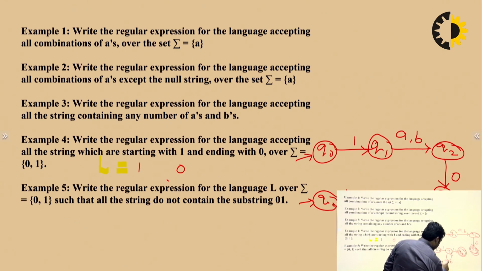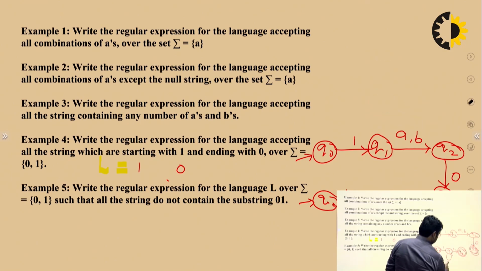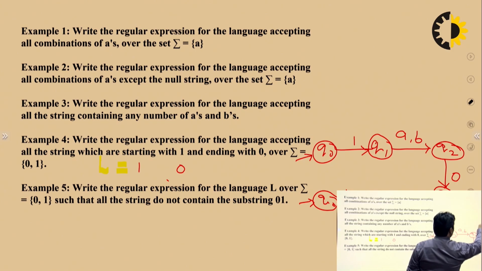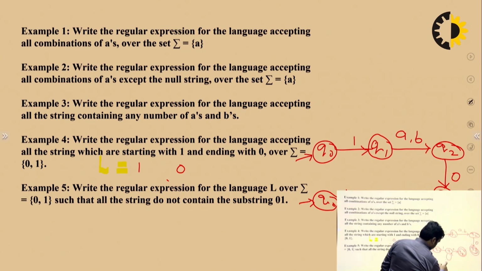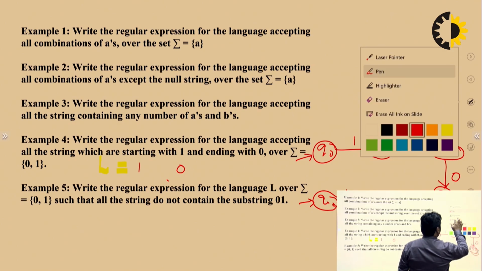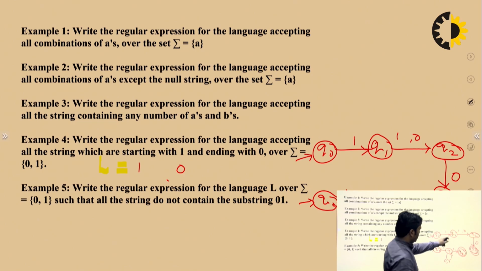Sorry, here we use 0 and 1, so it will be 0 comma 1. By mistake I wrote it as AB. It will be 1 or 0. So for this we designed a finite automata that will start with 1 and end with 0.